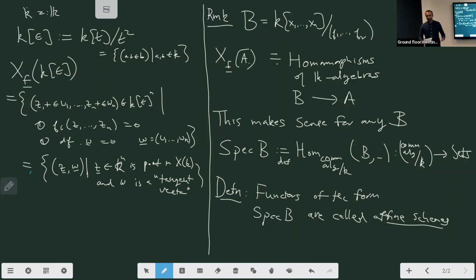Those would be called schemes, and then from schemes you can build still more general things, on which you can still do geometry. For example, you would like to talk about tangent spaces, you would like to talk about sheaves on them. Well, you can talk about sheaves on any functor, but you'd like to talk about geometric constructions which behave well. So you identify this nice subcategory of geometric things inside the category of all functors.